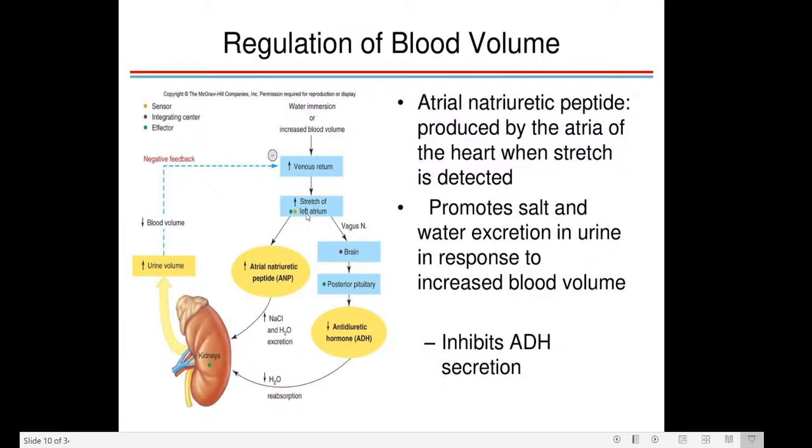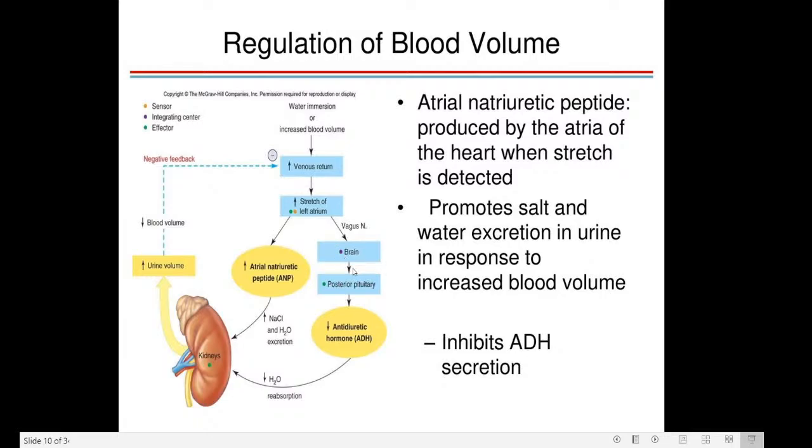We have a high blood volume, so we need to make a change and pass the signal to the atrial natriuretic peptide, ANP, and it passes the signal to the brain, which is the integrating center.